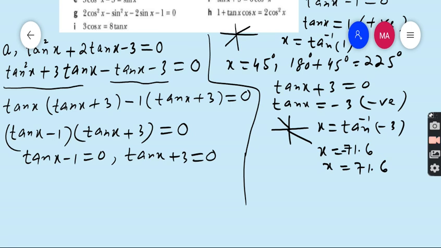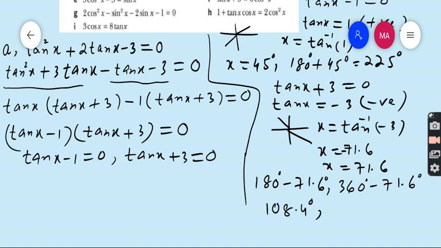So for the second quadrant we have to subtract this angle from 180, and for the fourth quadrant we have to subtract this angle from 360. 180 minus 71.6 is 108.4. 360 minus 71.6 is 288.4.